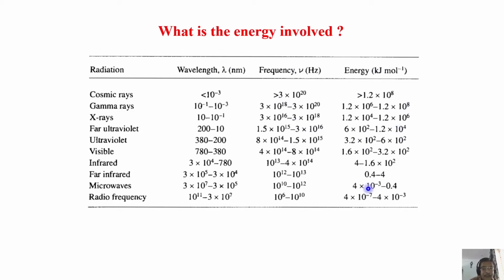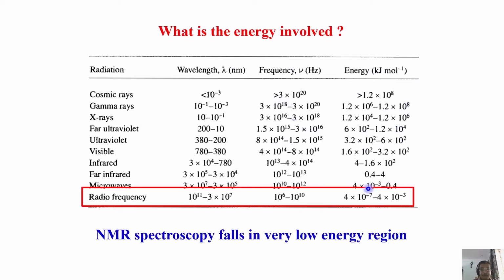If you look carefully, radio frequency comes at the bottom of this table. The energy which is highest is for cosmic rays and gamma rays. For example, for X-rays, energy in kilojoules per mole is 1.2 times 10 to the power of 4 to 1.2 times 10 to the power of 6. Very large amount of energy.